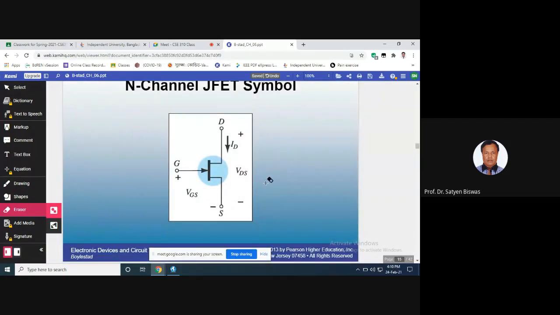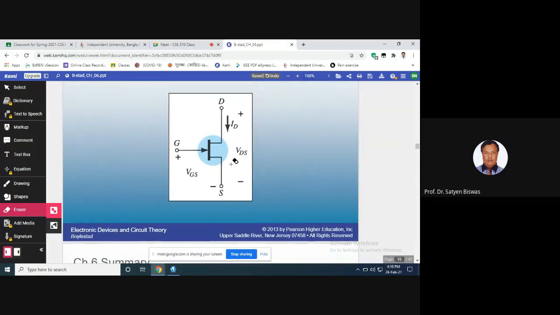the BJT. This one has a symbol that is almost similar to the BJT. But instead of putting a diagonal line, they put only a horizontal and vertical line, right? And in the gate, you see there is a connection here. There is the arrow, and this is for N type JFET.